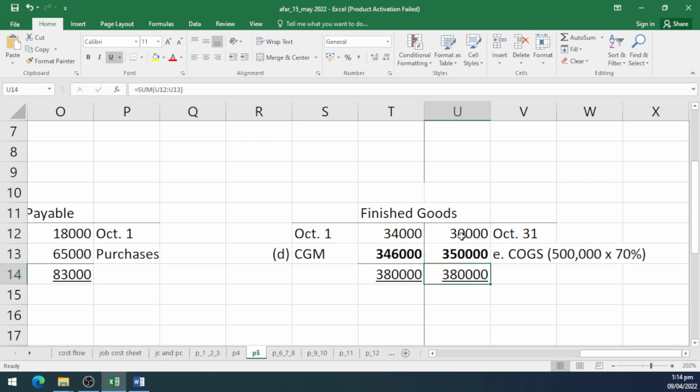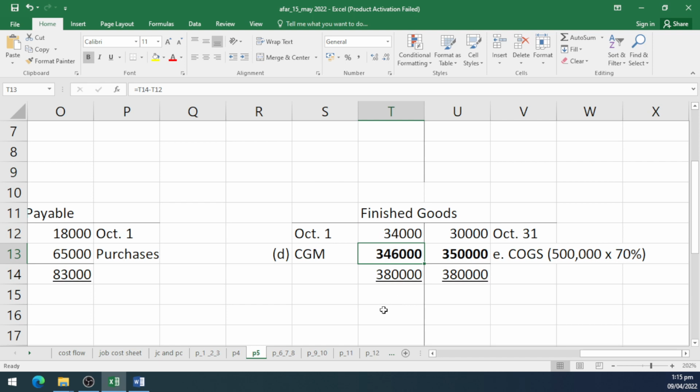Of course, yung 30, hindi yan kinredit sa finished goods, ha? For T account analysis, the ending balance is posted in the opposite side to facilitate the analysis para babalansehin nyo na lang at madaling i-analyze. So, 30, 350, that's 380. Therefore, 380 minus 34, ayan, CGM, 346.